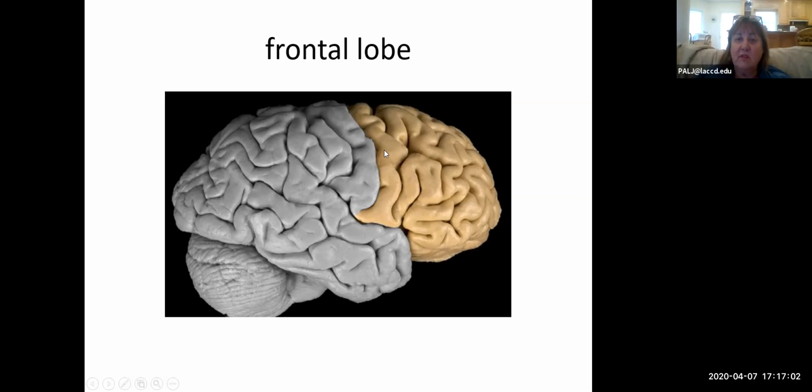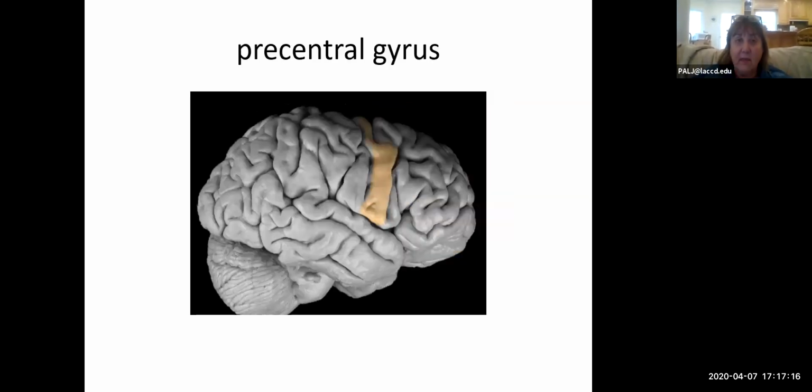So this one right here that I am pointing to, that is the gyrus that is just anterior to the central sulcus. And that gyrus is called the precentral gyrus. In other words, before the central sulcus. It's part of the frontal lobe.